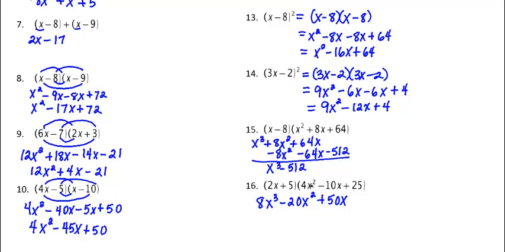And now distributing 5, 5 times 4x squared is plus 20x squared. 5 times negative 10x is minus 50x. And 5 times 25 is plus 125. So adding those, we get 8x cubed plus 125. So again, this is a special product that leads to the sum of two cubes.